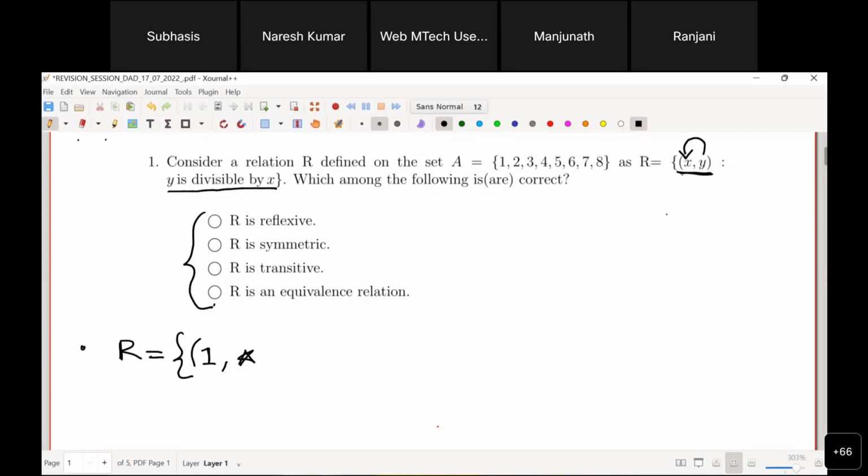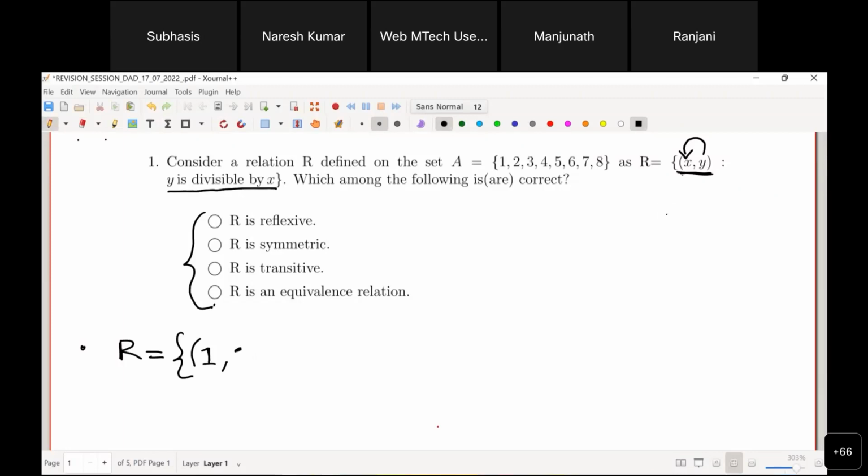Since my first element is 1, 1 divides all the other elements of this set 1 to 8.